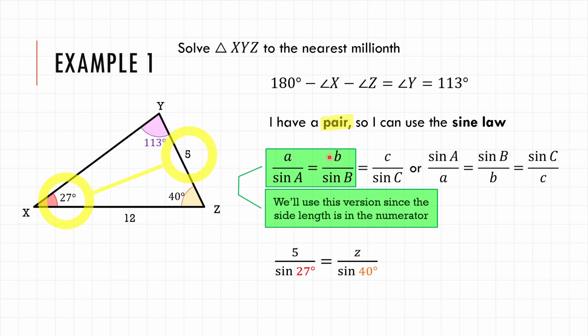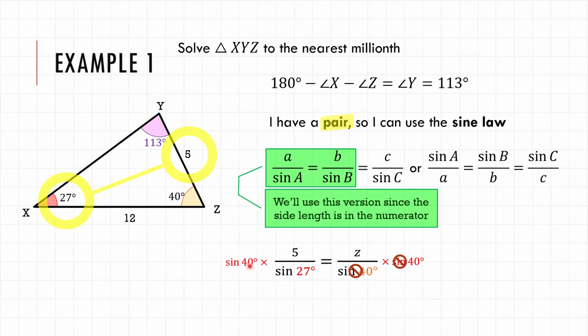So here I have 5 over sine of 27 degrees, right? That is my pair. That should be equal to the side length z over sine z, or over sine of 40 degrees. Now, if I want to find out what side z is, I just multiply both sides by sine 40.